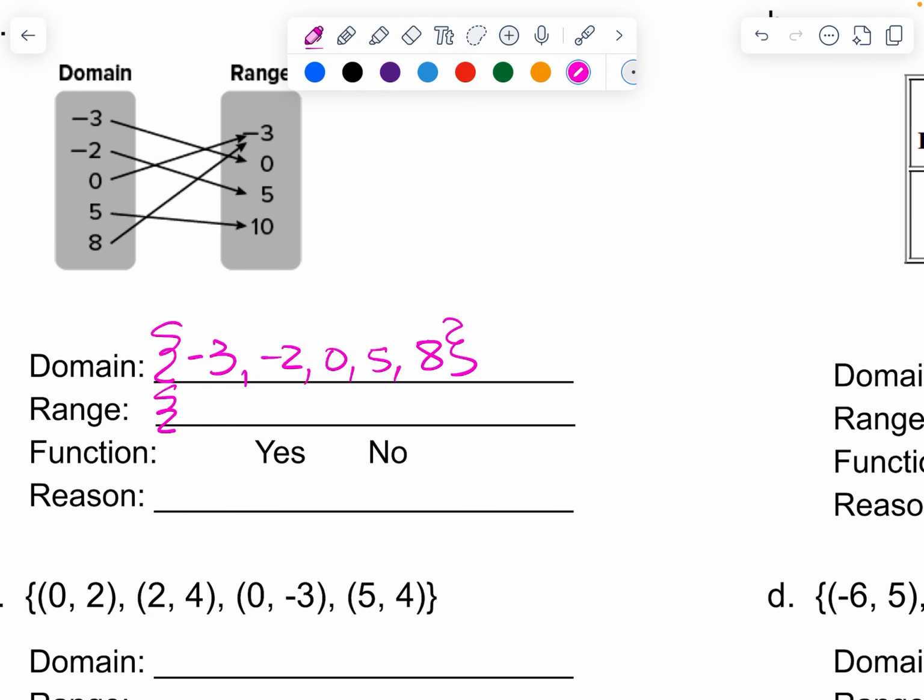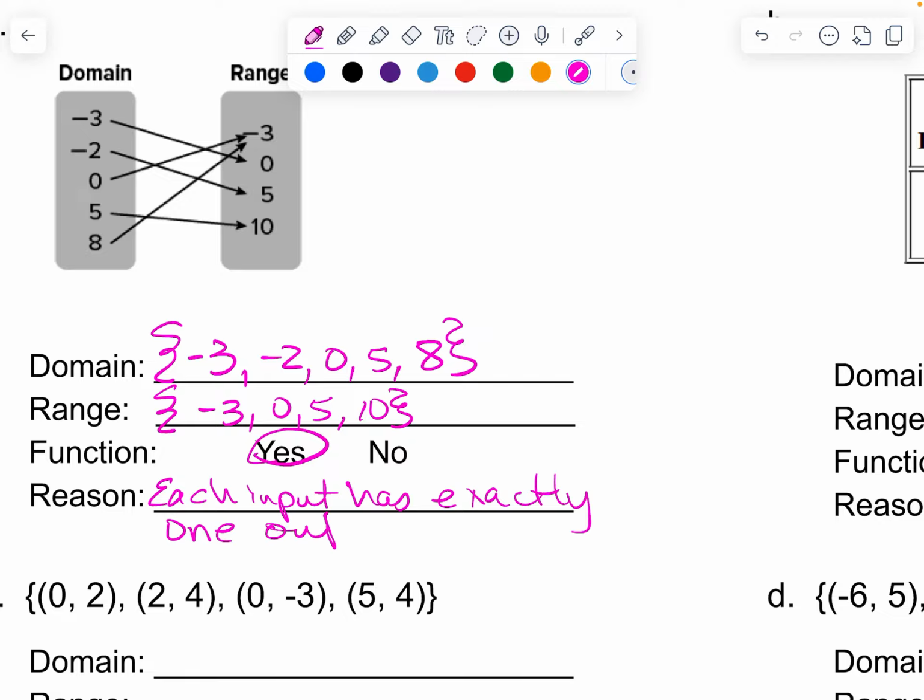Here, -3, 0, 5, 10. Is it a function? Yes. Each input has exactly 1 output.